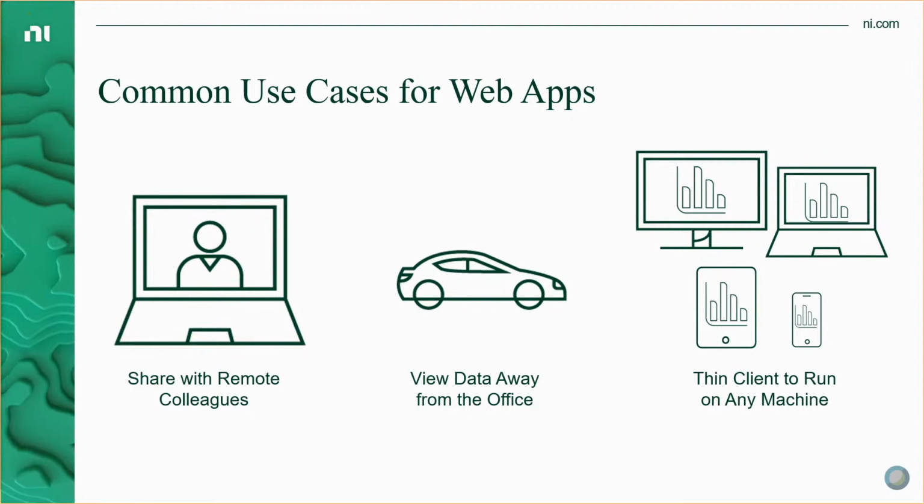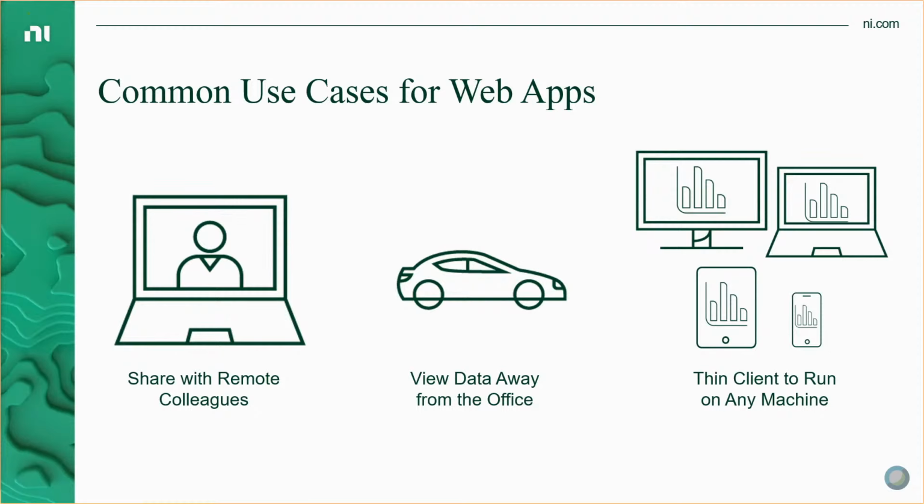So to start with, let's think about what this is for, and put it in context. The use cases we're thinking about at NI with the web module are addressing people who have to share engineering data with remote colleagues, or, in the case of coronavirus, be entirely remote and be able to do your engineering work from home. So doing that away from the office is important, as well as being device agnostic.